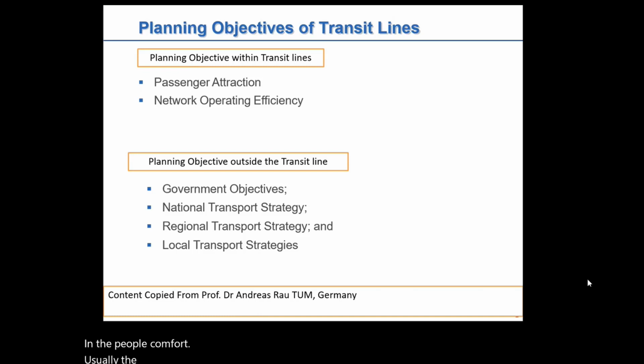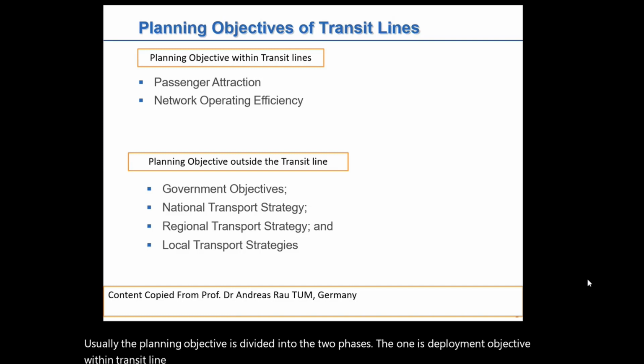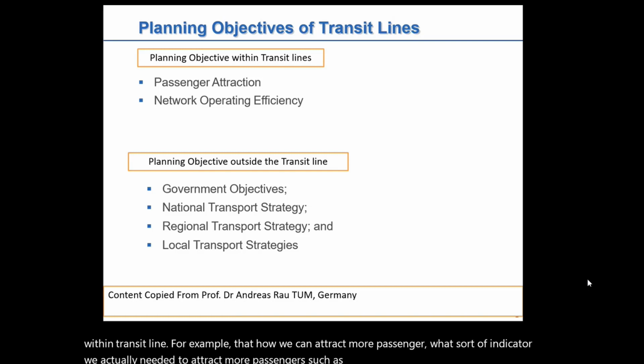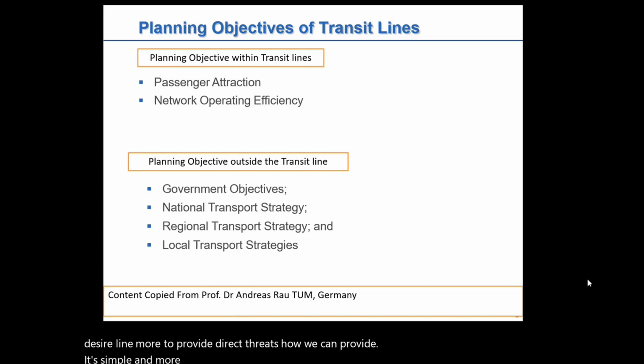Usually, the planning objective is divided into two phases. The first is the planning objective within the transit line. For example, how we can attract more passengers, and what sort of indicators we need to attract more passengers, such as area coverage, operating speed, travel desire line, more direct trips, and how we can provide a simple and more connective network, and so on.